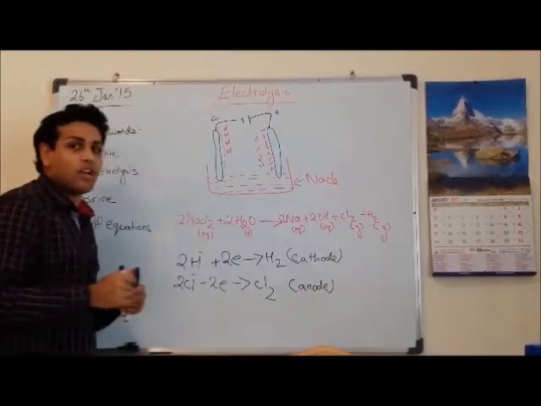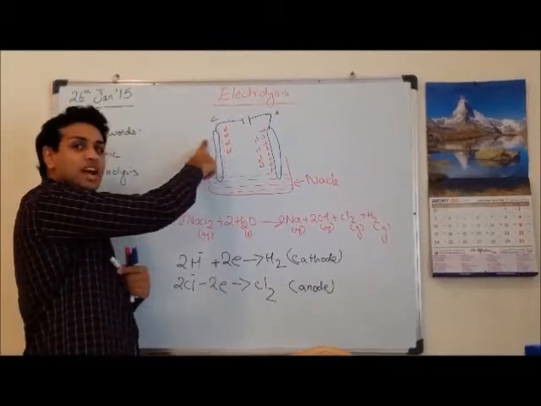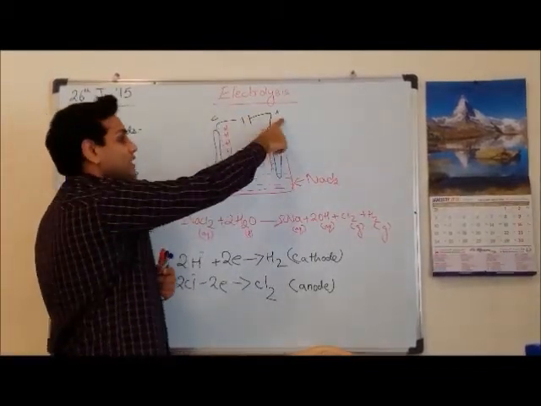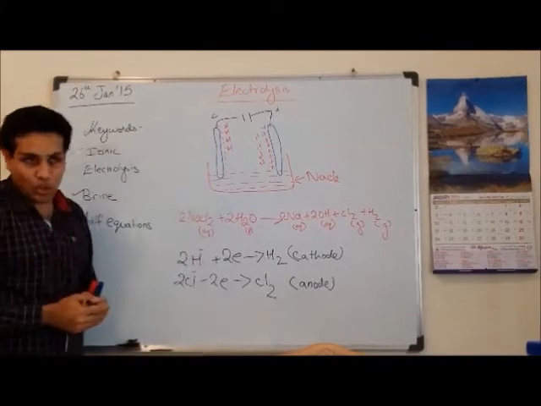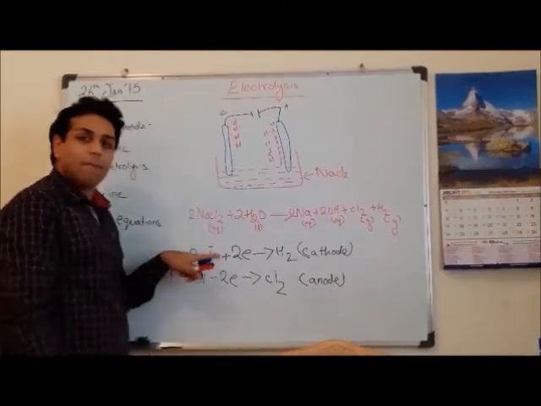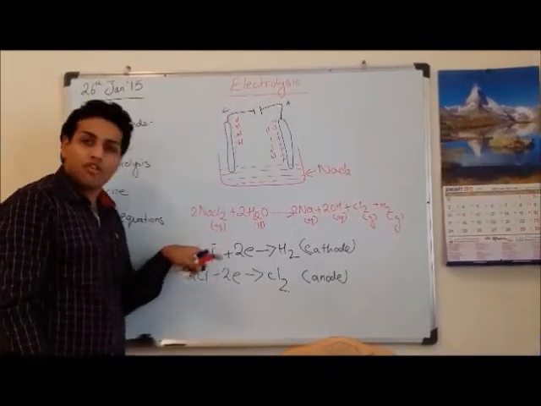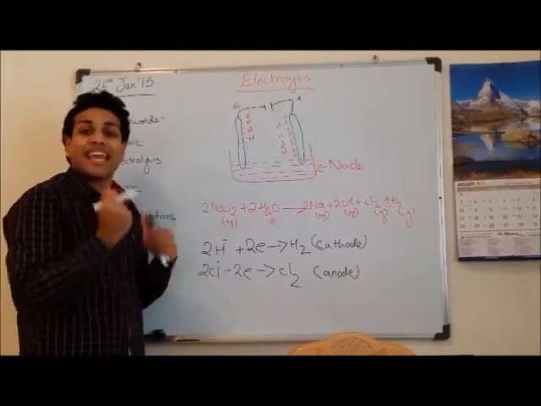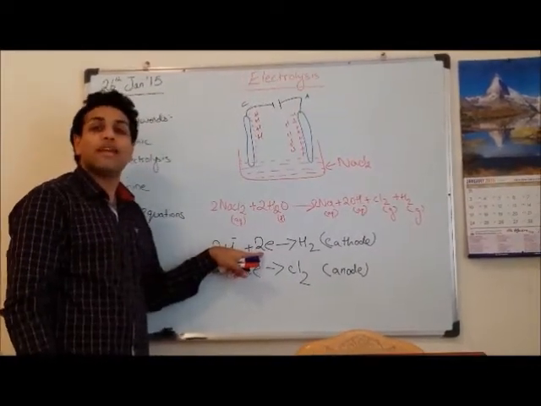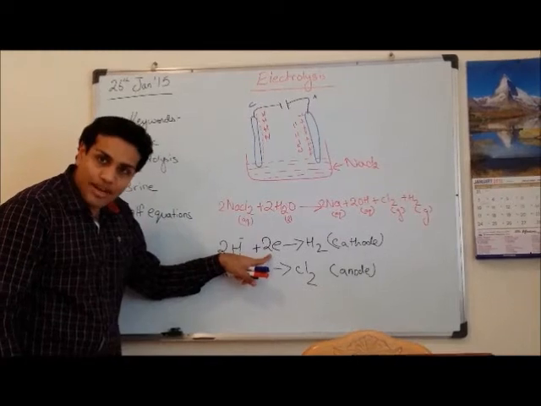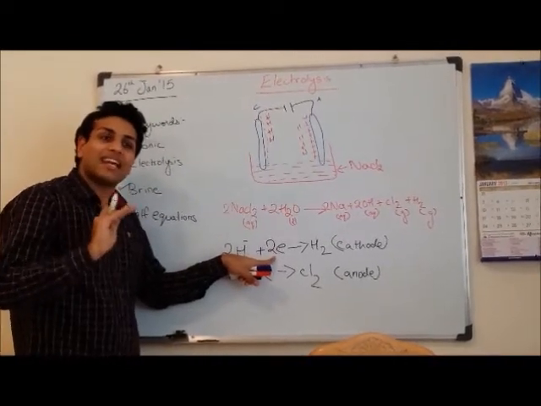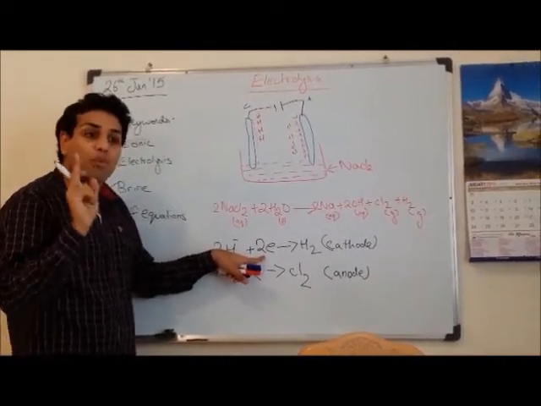What are cathode and anode? Cathode is the negatively charged electrode, anode is the positively charged electrode. Now, what happens here is the hydrogen ions gain electrons. How many? 2 electrons. It gains 2 electrons and gets converted into hydrogen atoms.